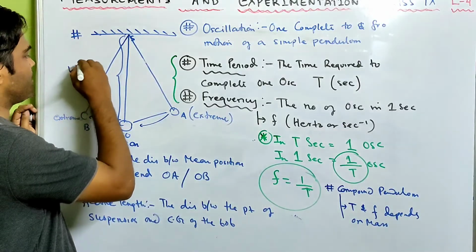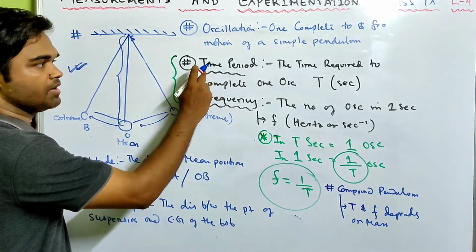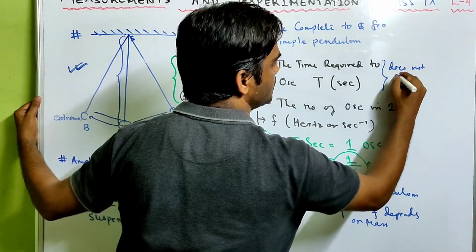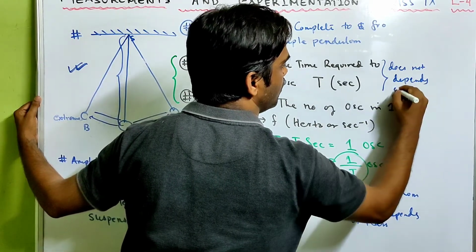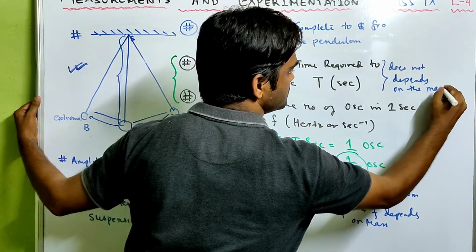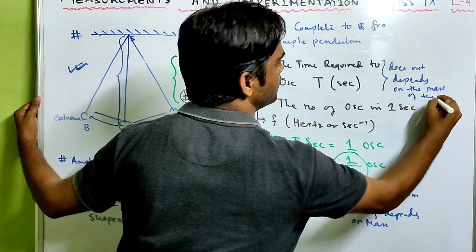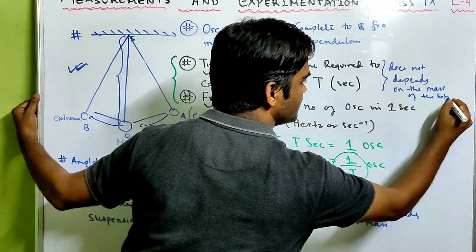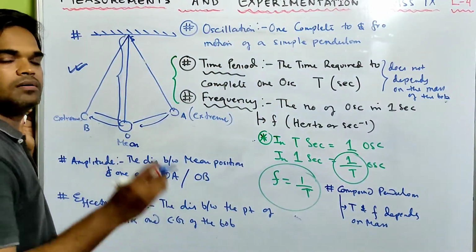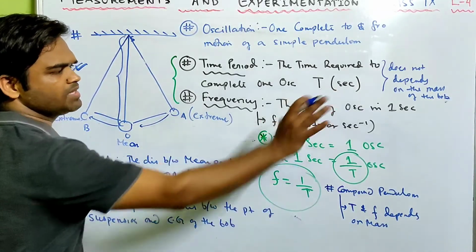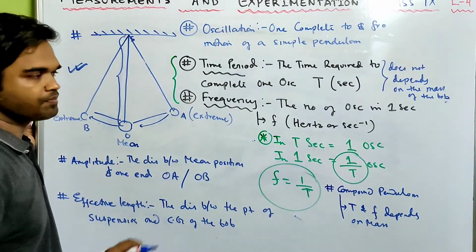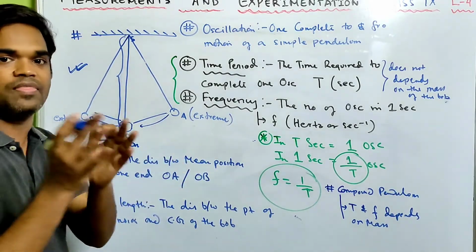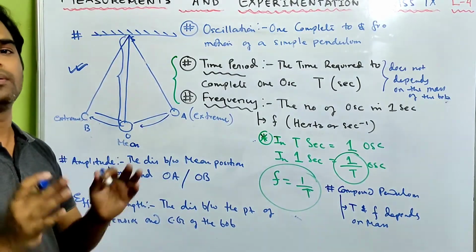But in a simple pendulum, the time period does not depend on the mass of the ball. It does not depend on the mass. So this is one basic difference which you can remember. Clear? Now let us see a relation between time period and the length of the pendulum.